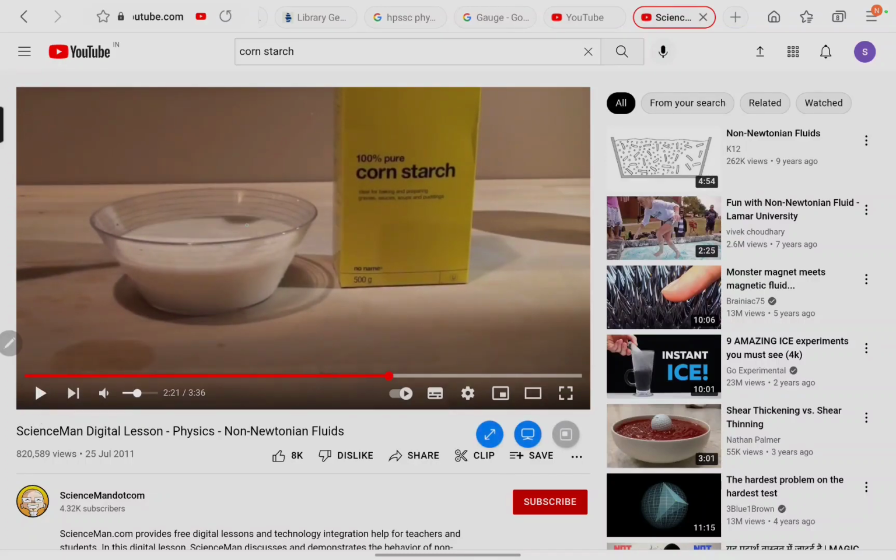So what's happening here is, when you're applying the same force but at different times, the viscosity of the cornstarch changes. And as I showed in that graph of stress versus strain rate, for cornstarch this graph goes like this.